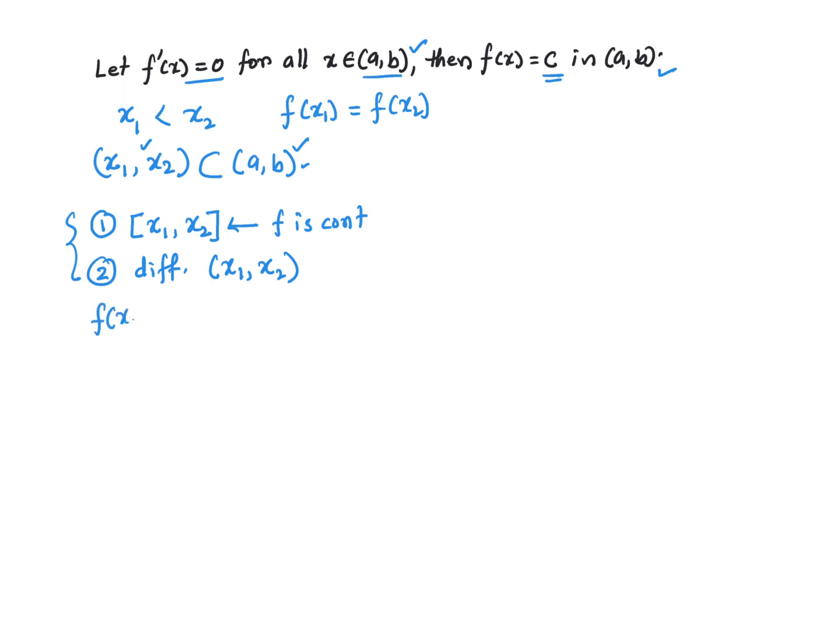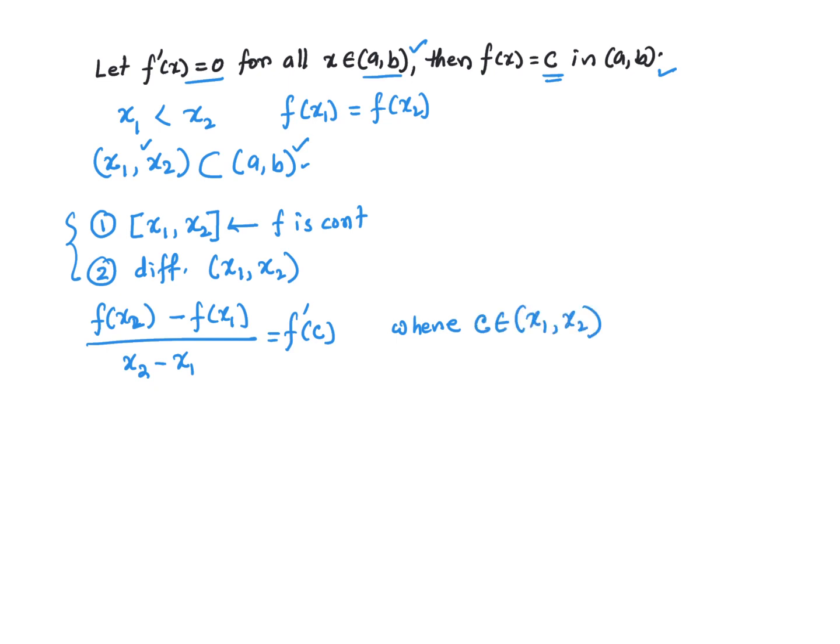f of x sub 2 minus f of x sub 1, divided by x sub 2 minus x sub 1, must be equal to f prime of c, where c is in the open interval (x sub 1, x sub 2).